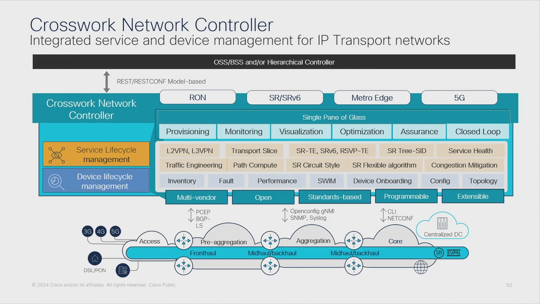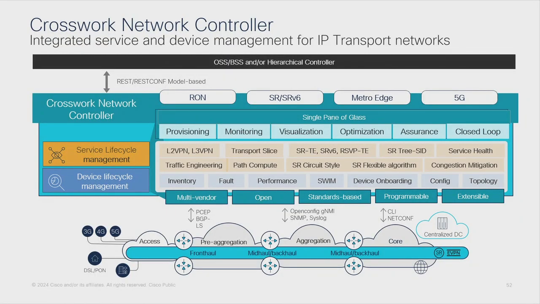I'm going to go a little deeper because the goal of this session is not just to introduce CNC, but really to show how you elevate the value proposition and still offer an immense opportunity to do customization and extensions. All these capabilities are accessible through a single pane of glass. One of the key principles that we implement in this solution is being open and standards based, so that the controller can work with any of the devices that embrace the open standards.